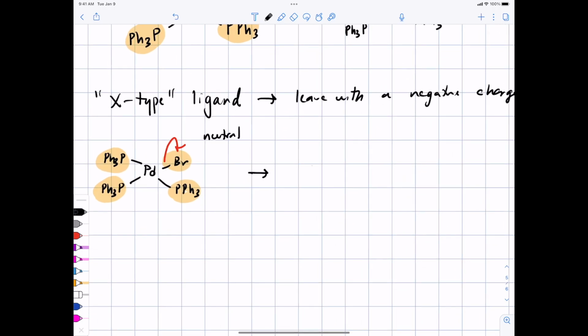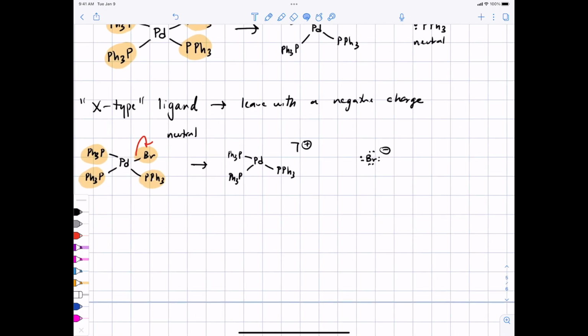If bromo left, it would leave as Br minus, which means by definition what's left behind would have to have a positive charge. Notice I'm not bothering to assign where the positive charge is. I'm just saying the overall complex is positively charged.